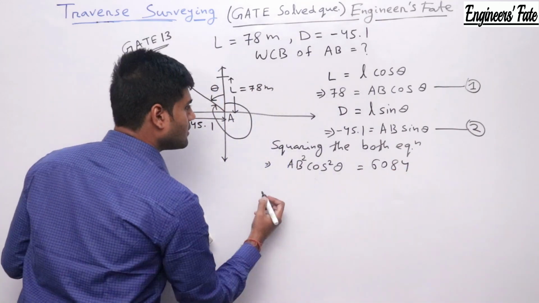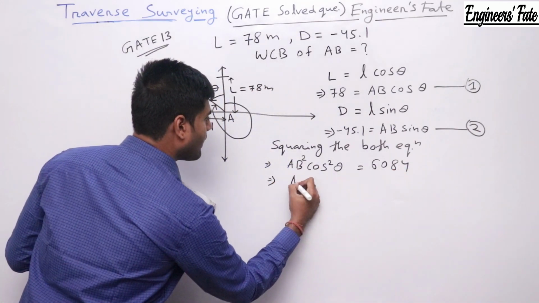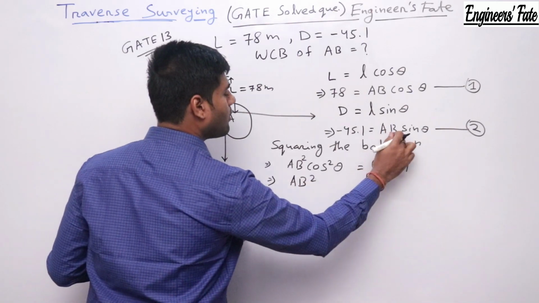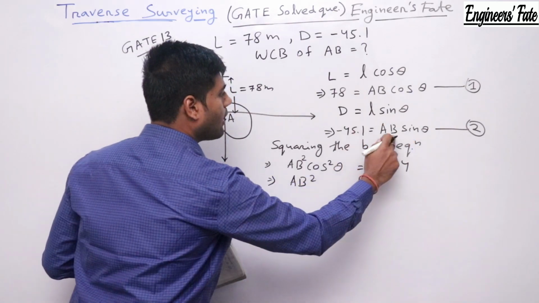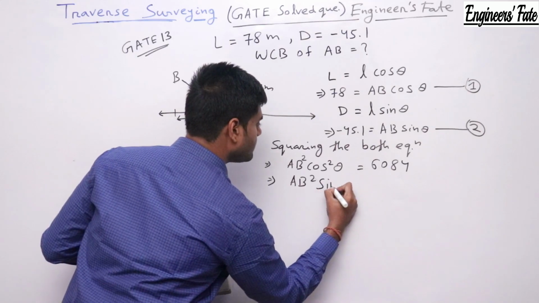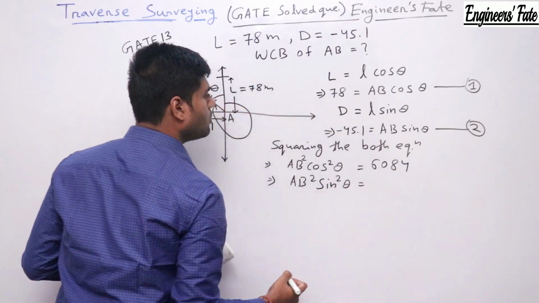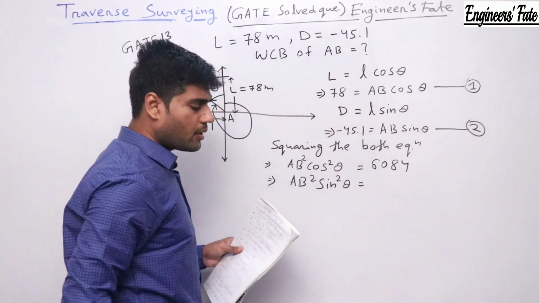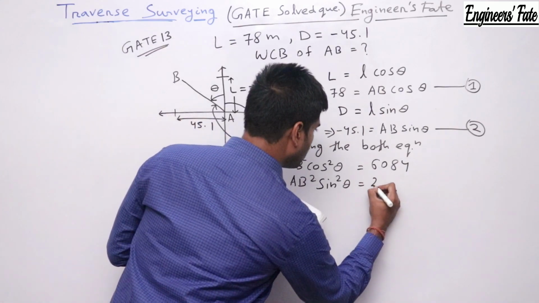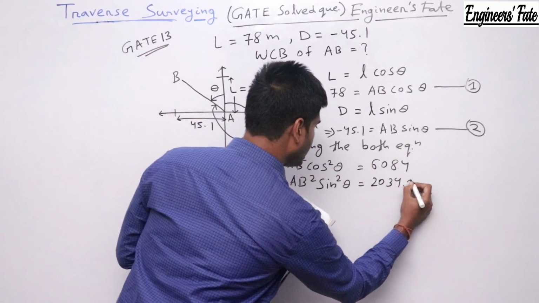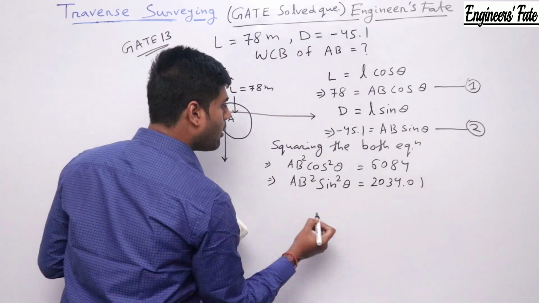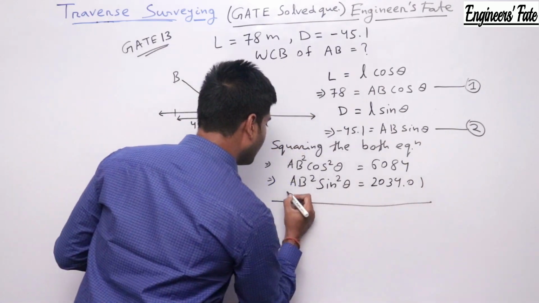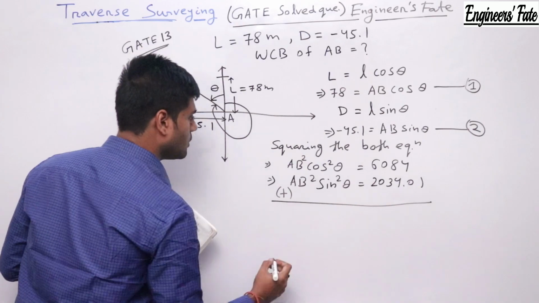And next the same thing, AB square sin square theta equal to the square of minus 45.1, that will be 2034.01. So now I will add both these things.